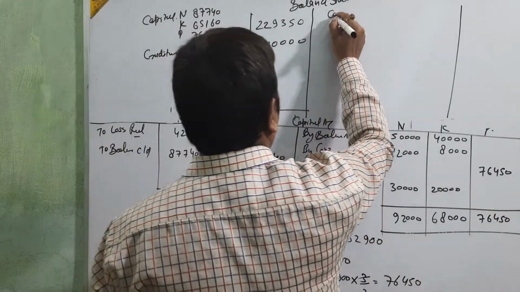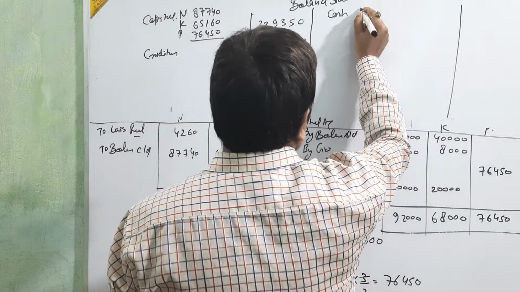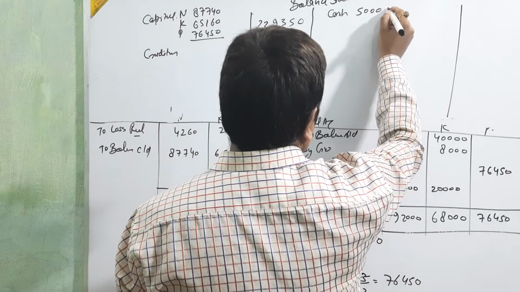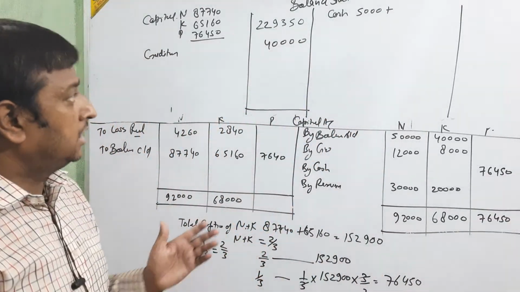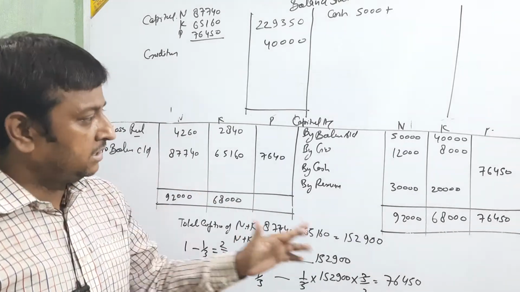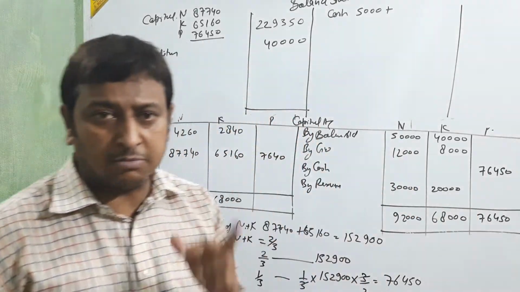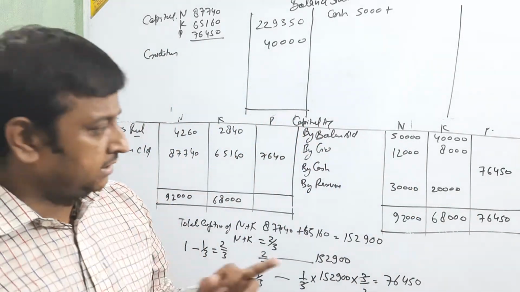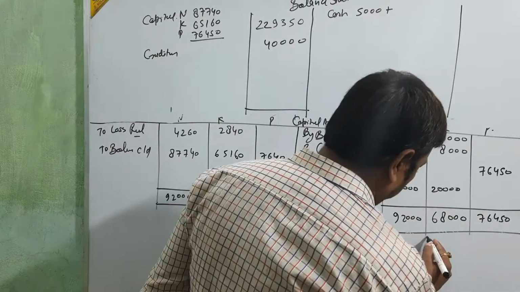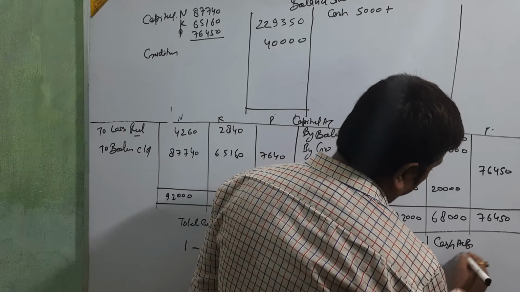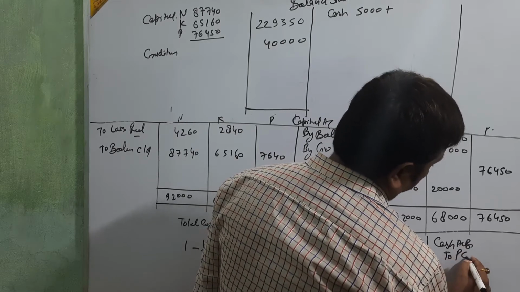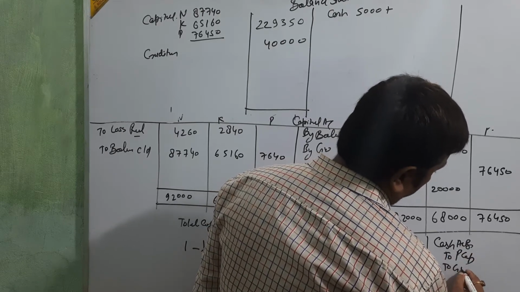Cash at bank is 5,000. Only 5,000. Okay, beta? Then, in the first entry, this amount and 20,000 more. That is the goodwill. The first entry is cash account debit to P's capital and goodwill.